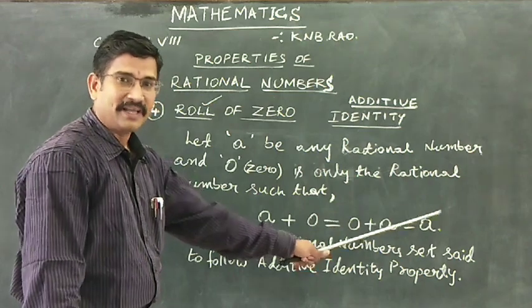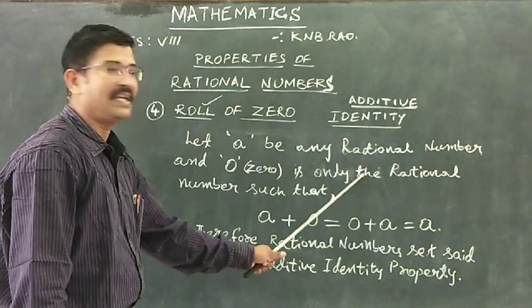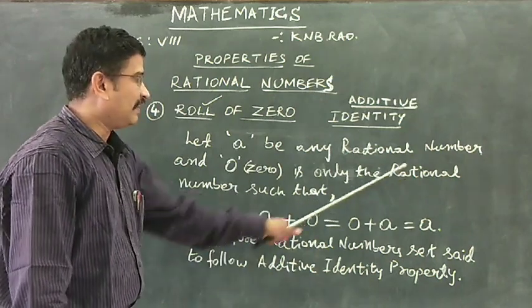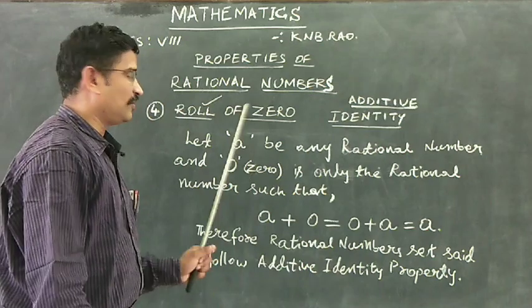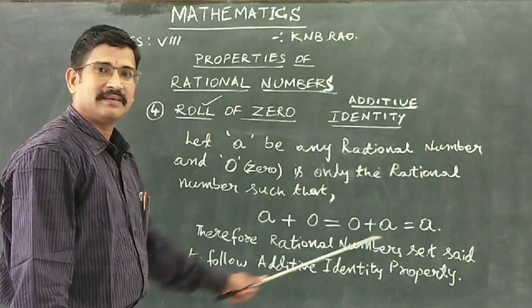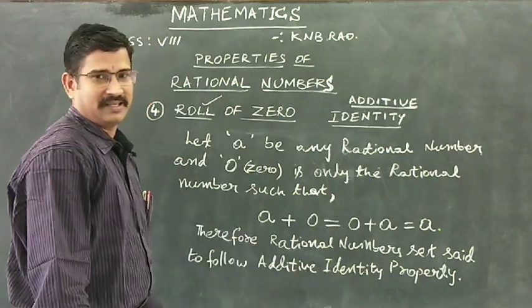It is done only by that 0. Since the rational number set contains this 0, we can say the rational number set follows the additive identity property.